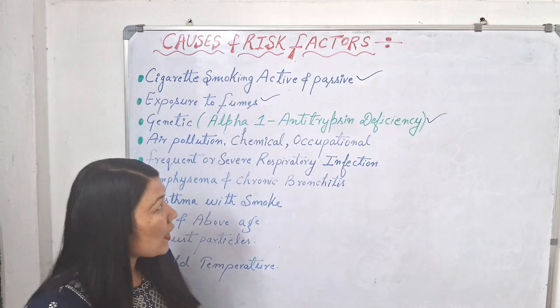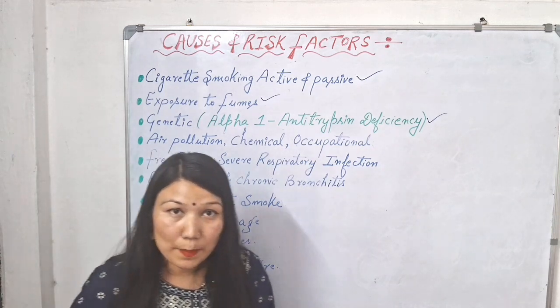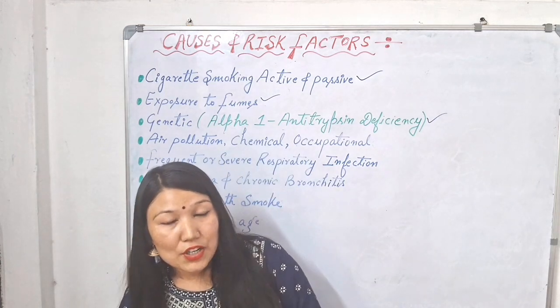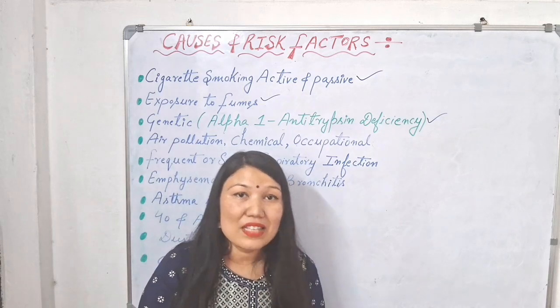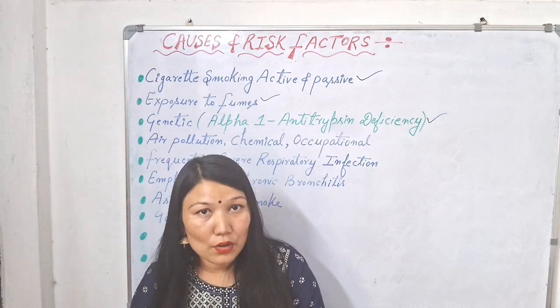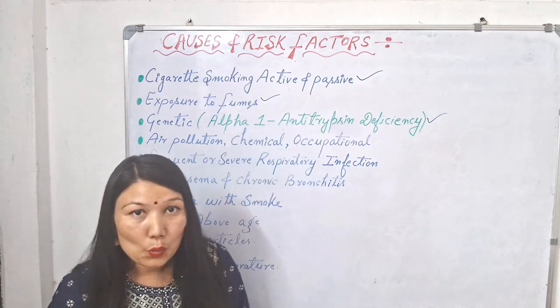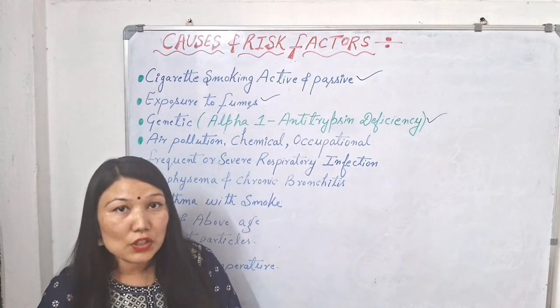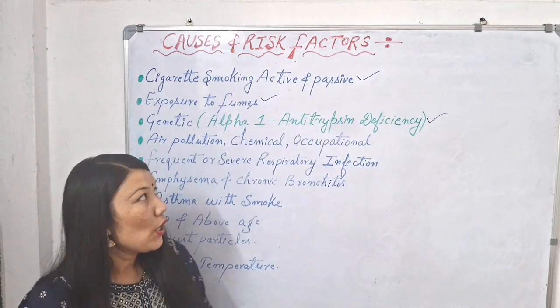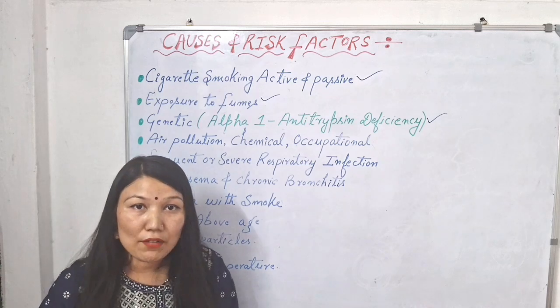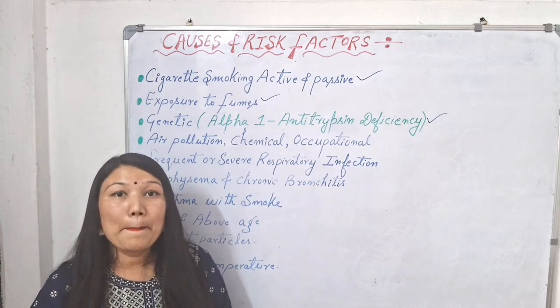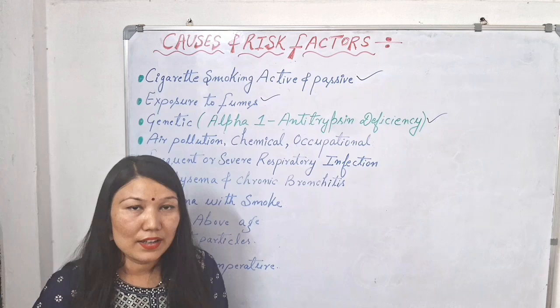So this protein is important for the respiratory system, but in this condition, what happens? The protein is not secreted by the liver. So there can be COPD condition, and also with the respiratory system, liver cirrhosis can also happen. So this is an important protein which is not secreted in the person, and it is a hereditary condition.